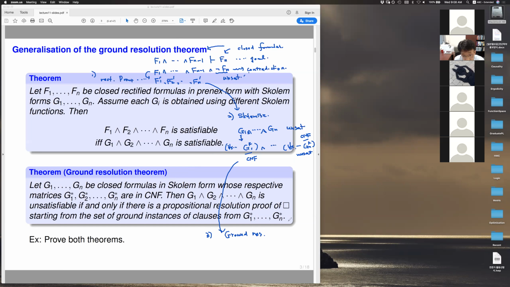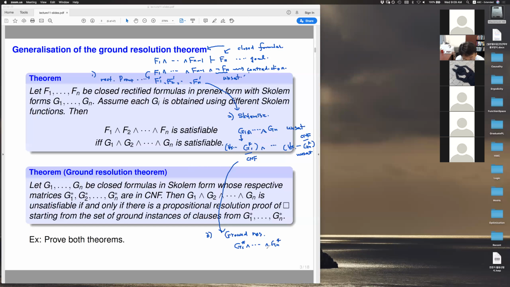So the ground resolution theorem says, okay, once the formulas are of this form, checking unsatisfiability of the conjunction of these formulas is the same as deriving a contradiction using a resolution theorem prover from the ground instances of G1 star up to Gn star. Because each Gi star is a CNF, you just conjoin these matrices together.